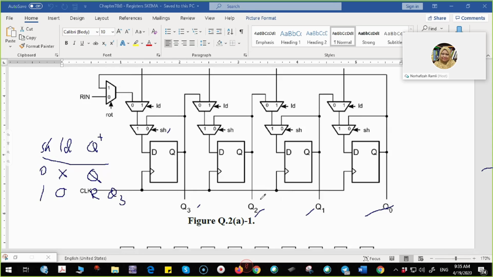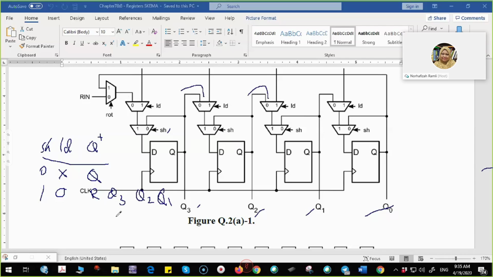Q1 will take from, actually, when it's 1 0, that means the data is from here, from the 0. So this one takes from here, so we'll take Q2, and obviously this one will be Q1.